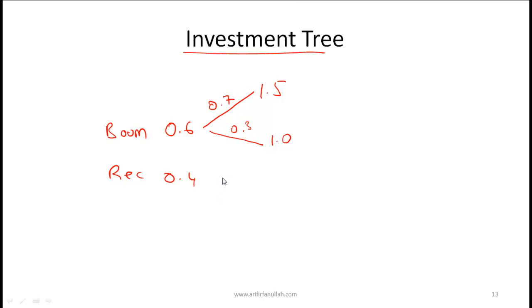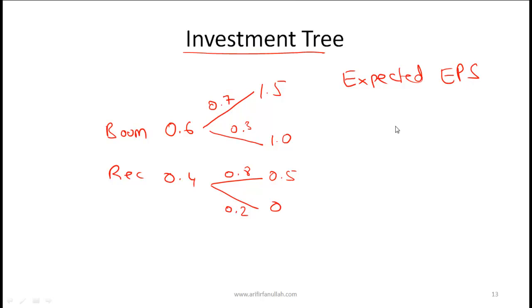On the other hand, if there is a recession, then there is a 0.8 probability that the EPS will be 0.5, and there is a 0.2 probability that earnings will be 0. Now the question is, what is the expected value of the earnings per share?